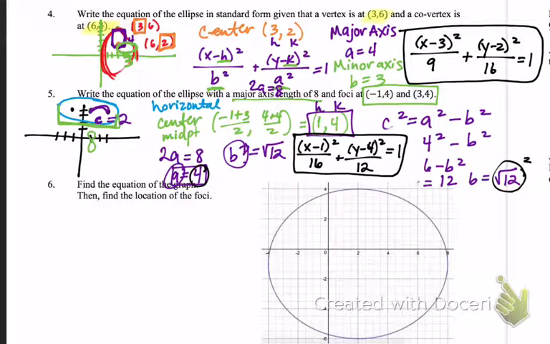Okay, number 6, it says find the equation of the graph and then find the location of the foci. So what I do is I can just look at this ellipse right here and know that it is horizontal.